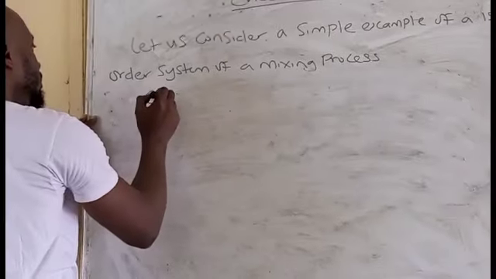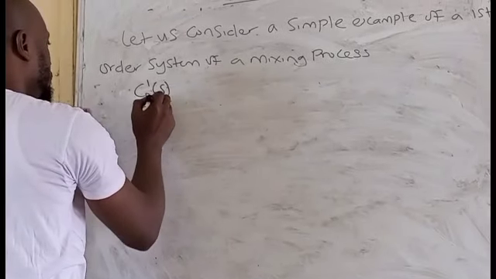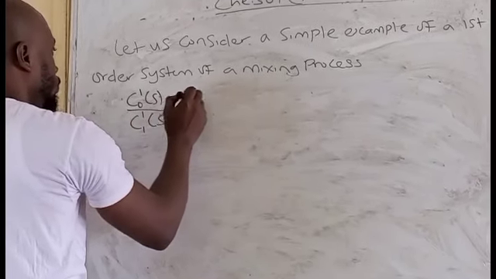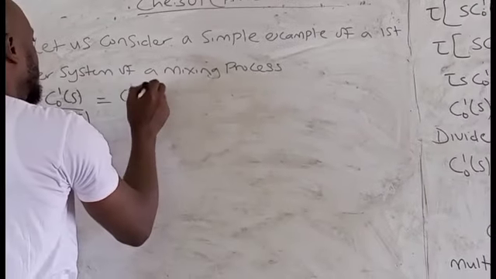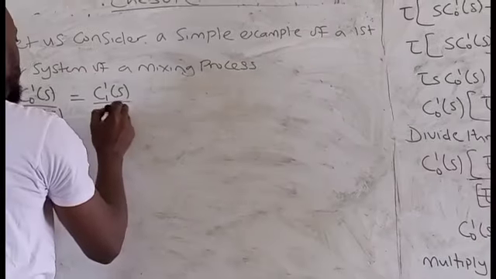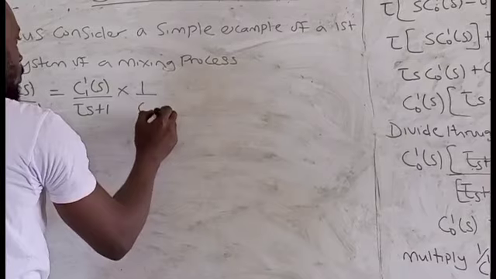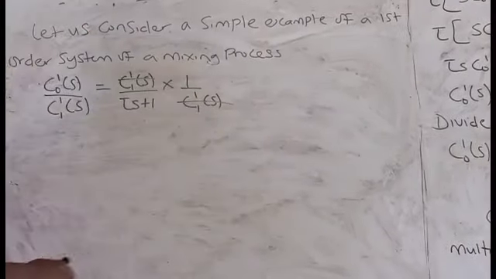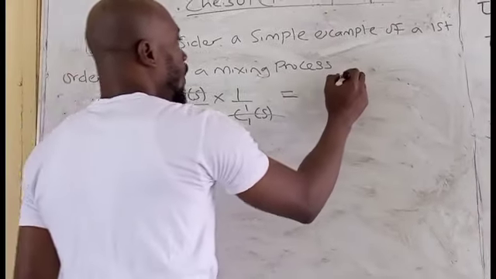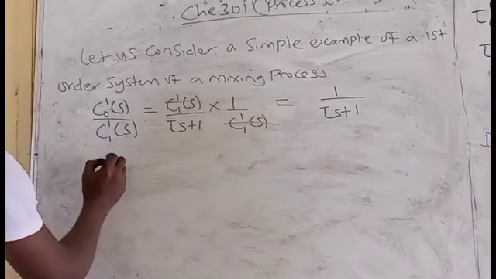Here is C0'(s) over C1'(s) to give you C1'(s) over tau s plus 1, multiplied by 1 over C1'(s). So this will cancel this, and we are going to have 1 over tau s plus 1.